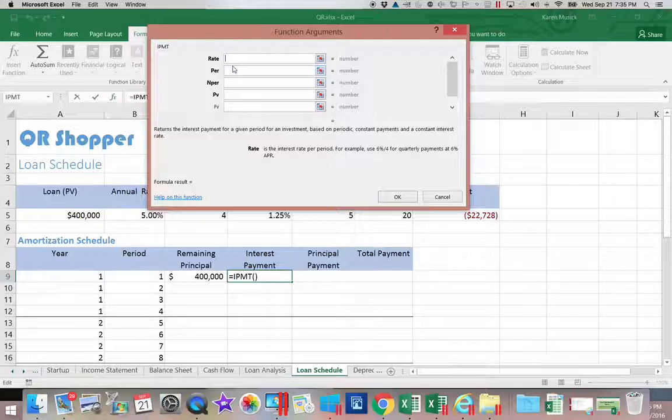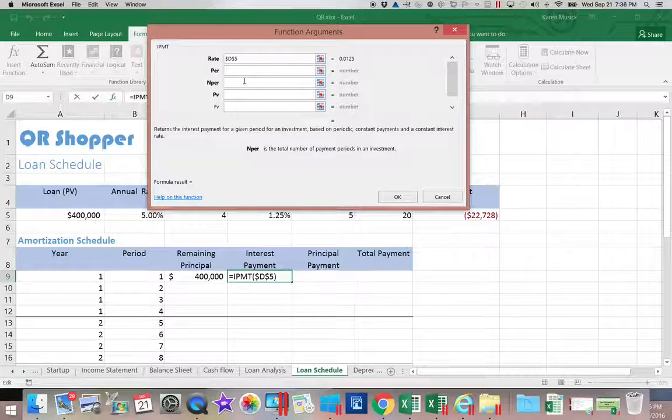So the rate we know is up here in D5. Now if I'm going to copy this formula down, I do not want this cell to move. I want it to be absolute, because if it moves down, then the rate would be 0 the next time. So I need to put the dollar signs to fix it.